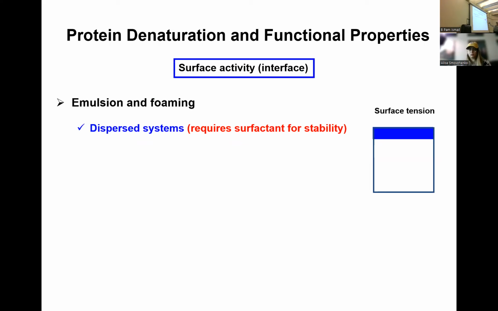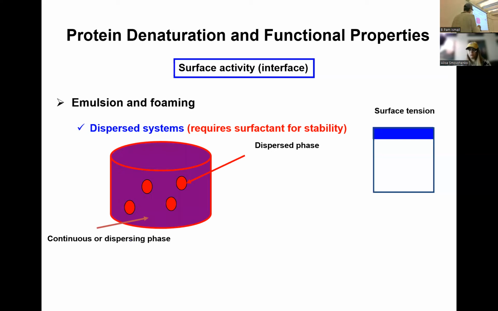The emulsion can be oil in water or water in oil, and oftentimes it's oil in water in most applications, at least in foods. So you have the dispersing phase and the dispersed phase: oil droplets in the water, or the other way around.